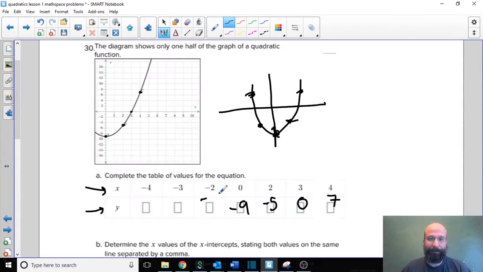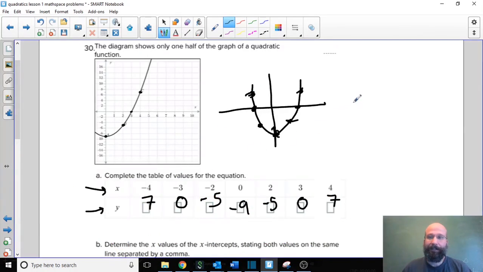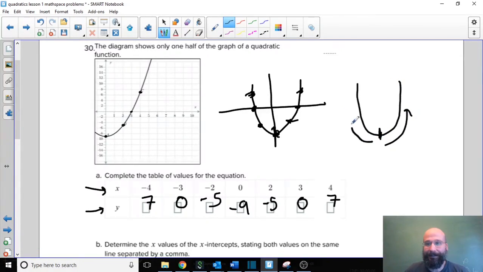So -2 is going to be -5, right? If 3 is 0, then exactly -3 is also going to be 0. If 4 is 7, then the other side, -4, is also going to be 7. Because it's a quadratic and it's symmetrical. Once you find this lowest point, this side is the same as this side. All right.